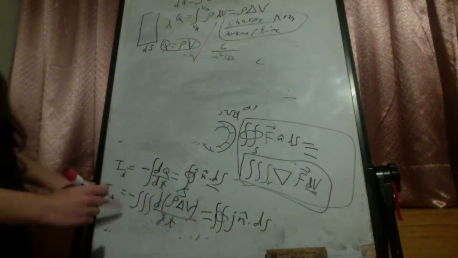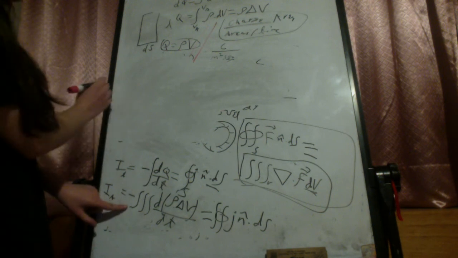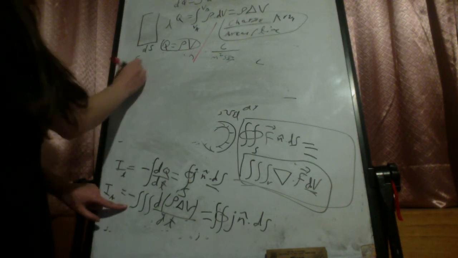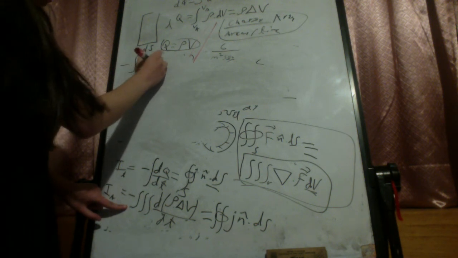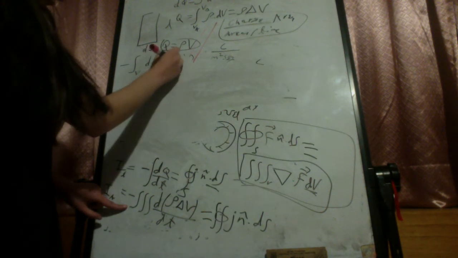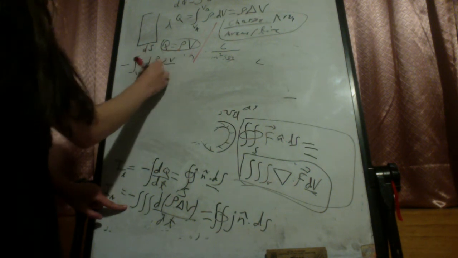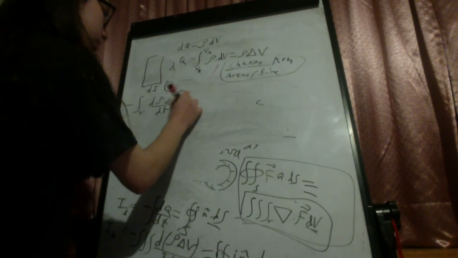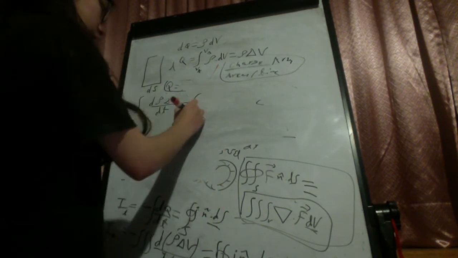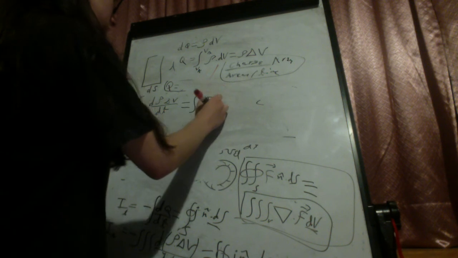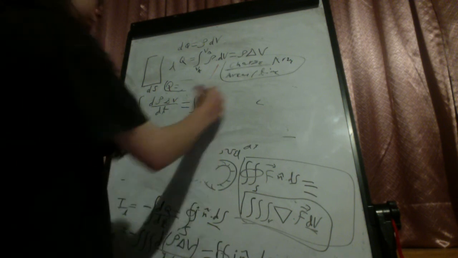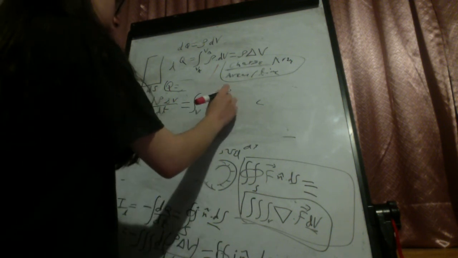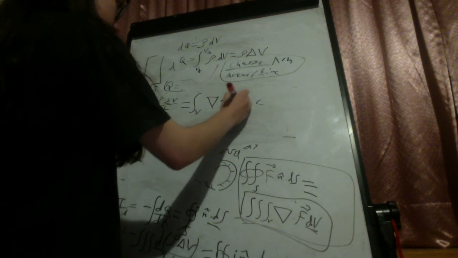So we have that the total current, that is the negative of the volume integral of the derivative of the density times this change of volume in dt, is the same as the volume integral of the divergence of the, here I'm not talking about force, I'm talking about the J vector, of the J vector dV.